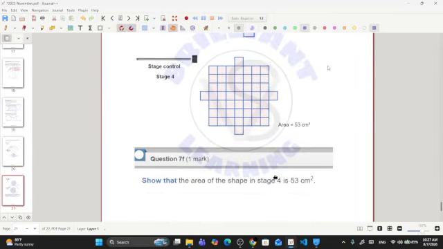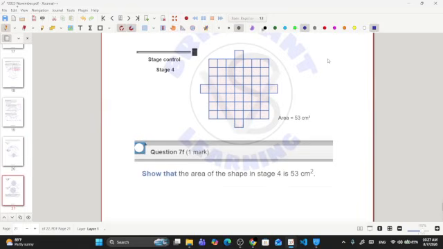So talking about this shape in stage 4, let's have a look. So looking at this, we can see that this has 1, 2, 3, 4, 5, 6, 7. 1, 2, 3, 4, 5, 6, 7.